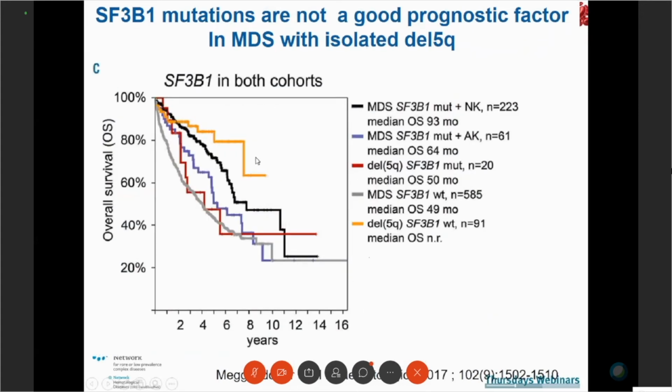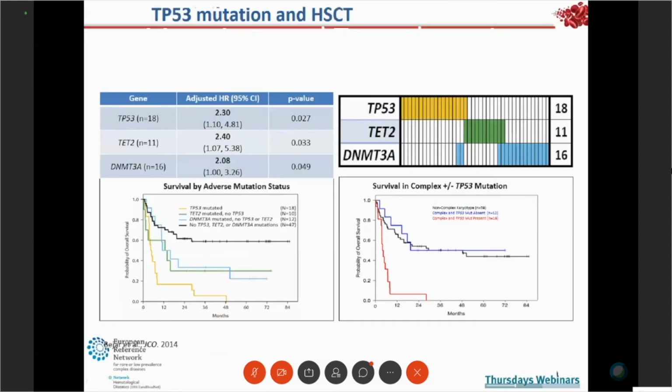So you see here that del(5q) patients have a good overall survival, but not when they carry the mutation of SF3B1. Whereas in black, the non-del(5q) plus SF3B1 mutation patients have a quite good prognosis.